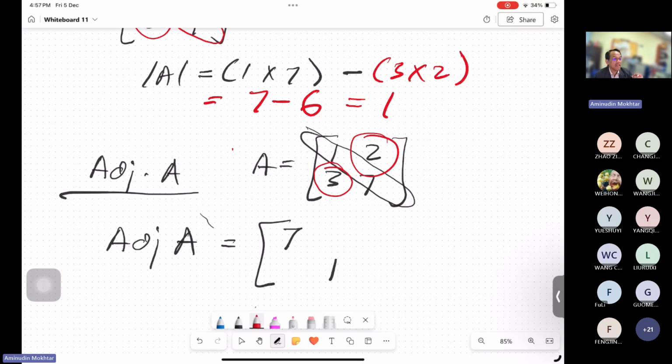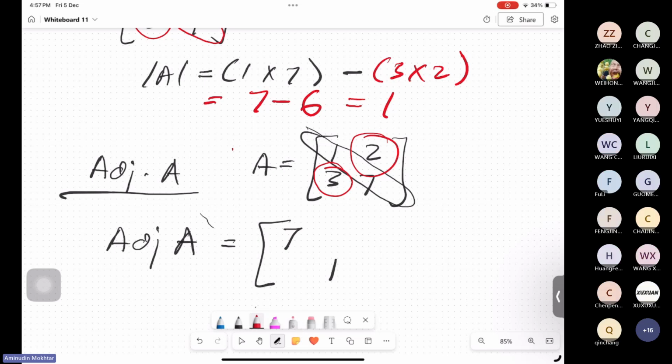We just change the sign, the value of these two numbers, from positive to negative. The original values are 2 and 3, but now we change them to negative: -2 and -3.